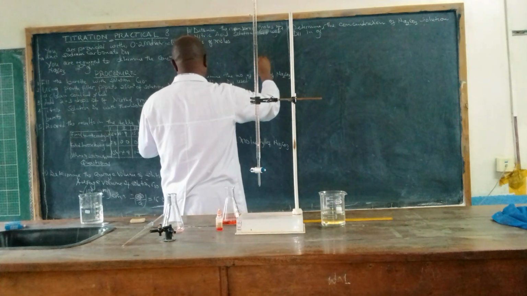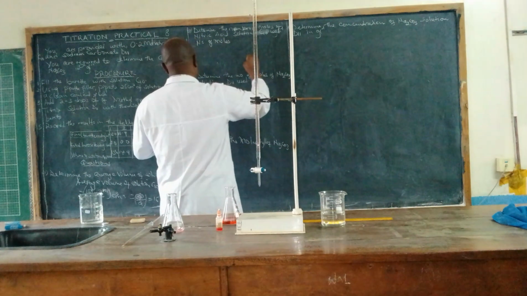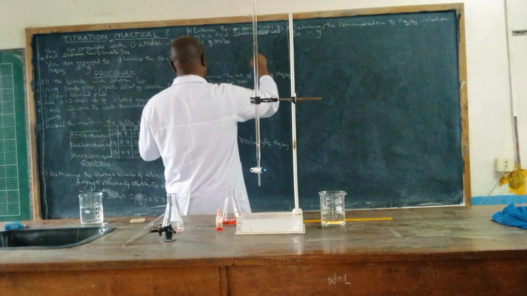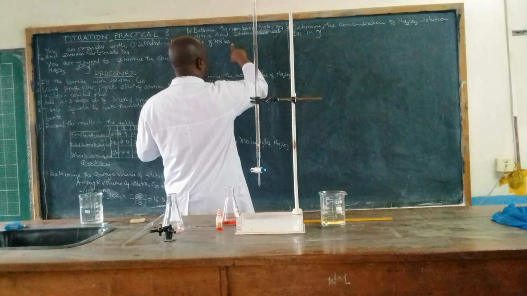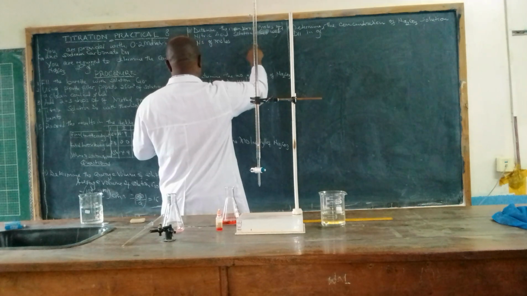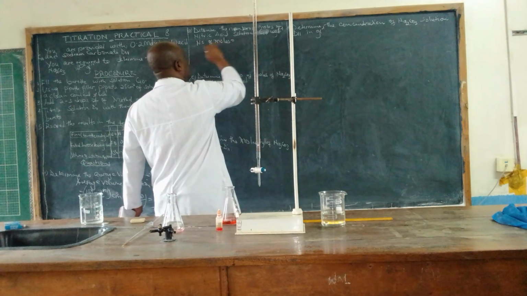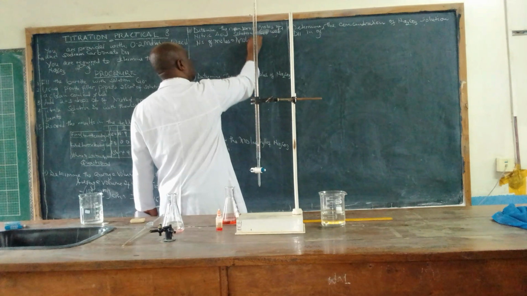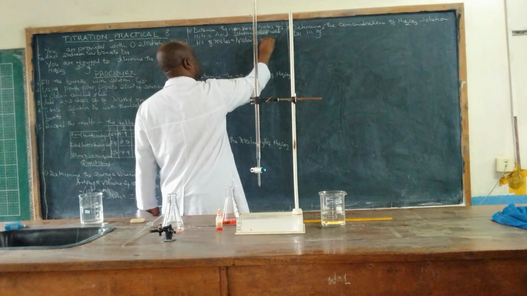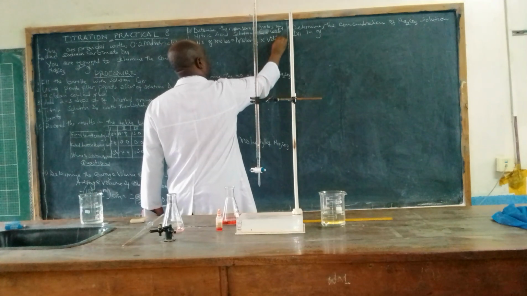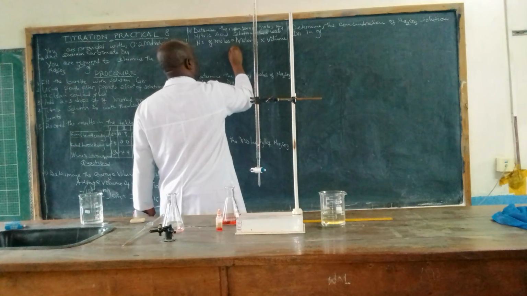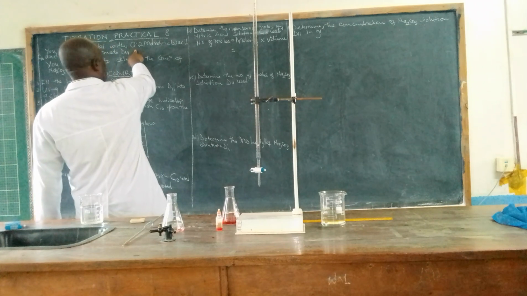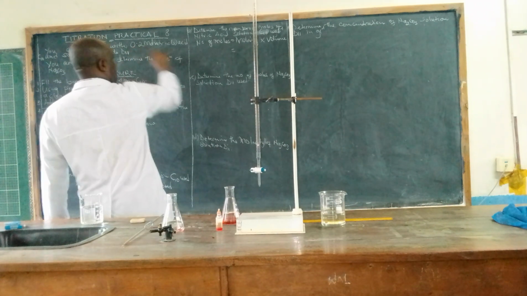The number of moles of nitric acid solution C10 used is equal to, the number of moles is always equal to molarity times volume. So, in this case, we have been told the molarity of nitric acid is 0.2.